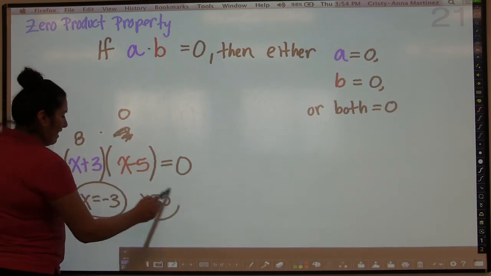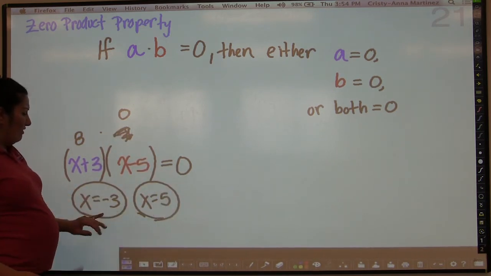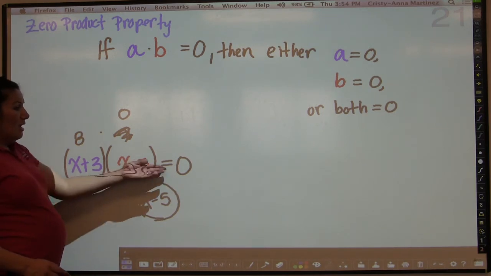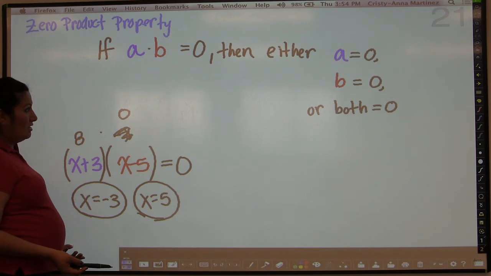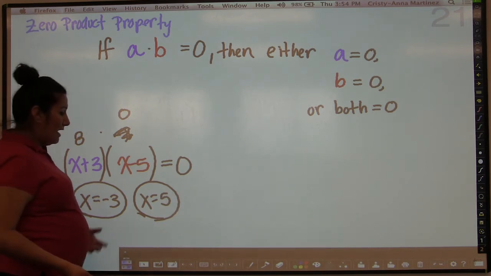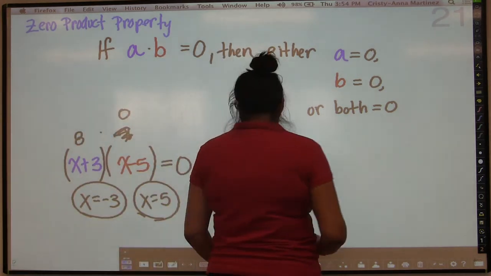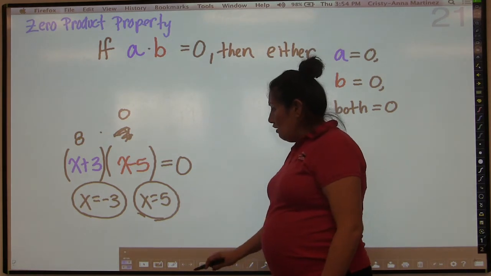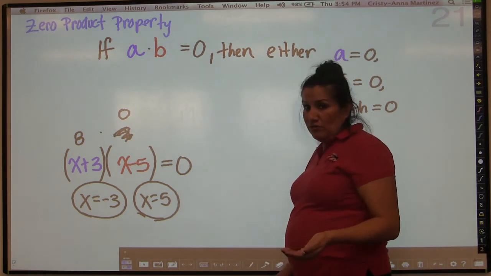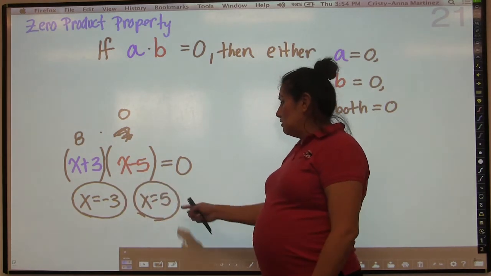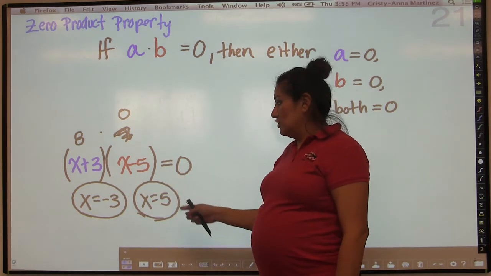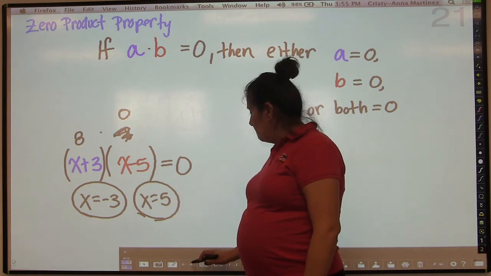So both the number 5 and the number negative 3 will produce a case where this product will equal 0. And that's kind of how the zero product property works. And that's what we use when we solve equations by factoring. Our first step is to take the standard form, factor it into this form, and then solve each factor for 0 to get our solutions.